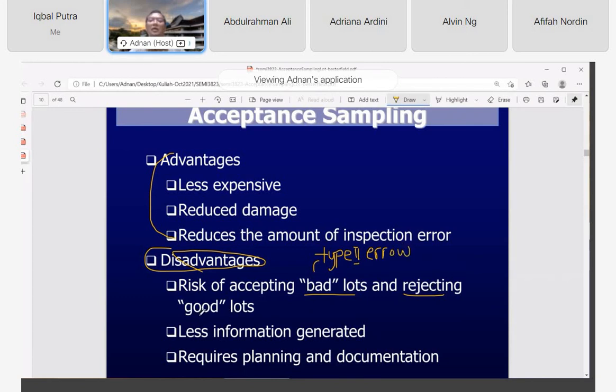Rejecting good lots, we call type 1 error. Type 1 error is like a false alarm. Maybe you have been to offices or buildings, like UTM, and sometimes you get a fire alarm ringing.